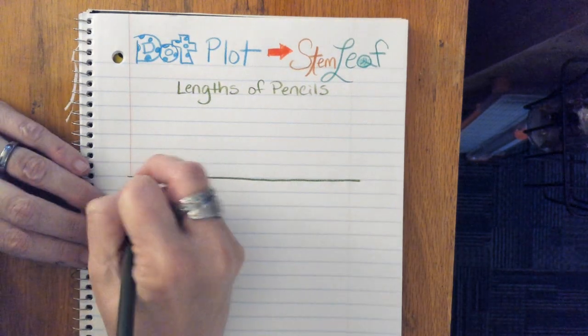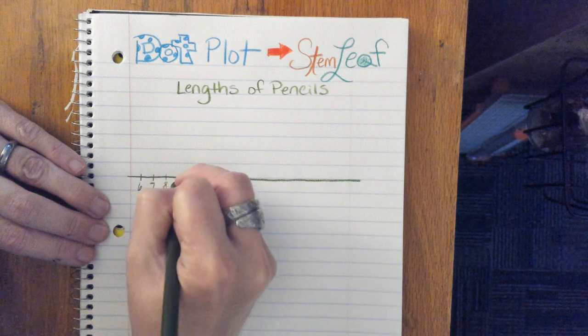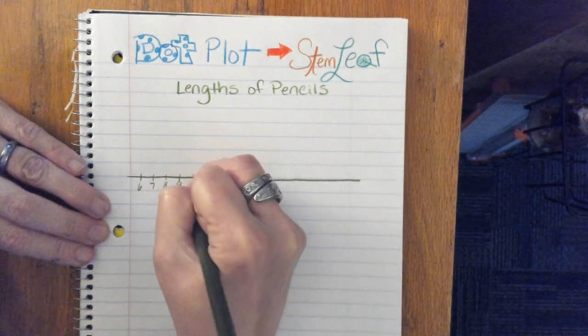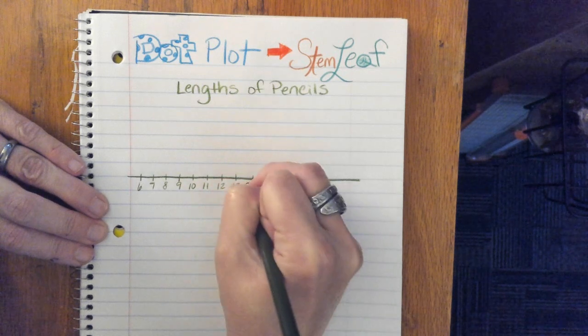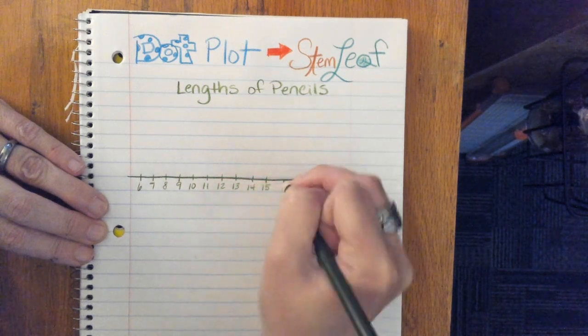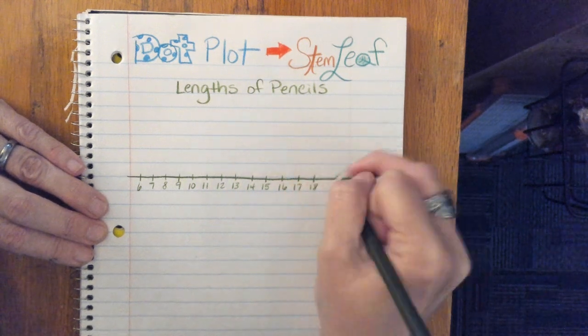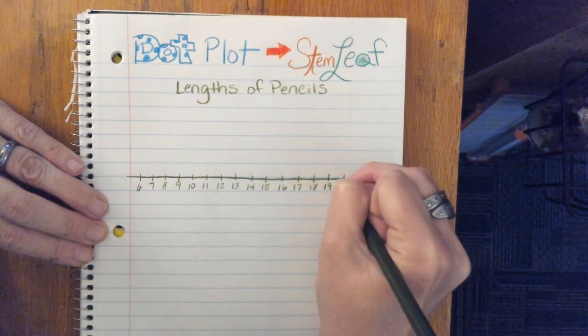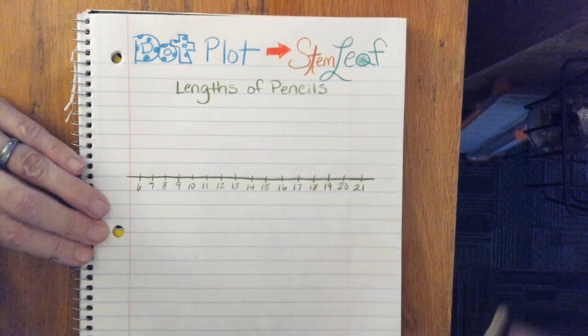I'm going to start with 6, 7, 8, 9, 10, 11, 12, 13, 14, 15, 16, 17, 18, 19, 20, and I'm going to go ahead and go to 21.